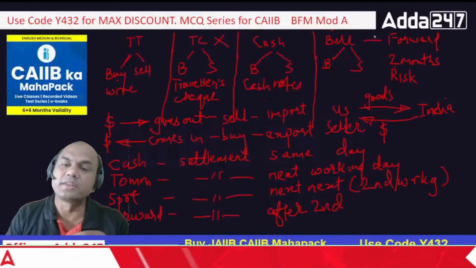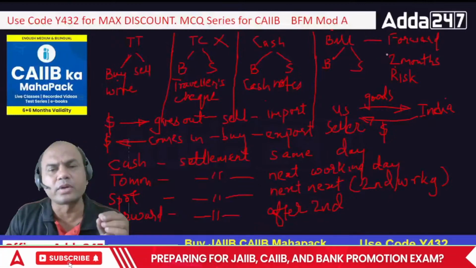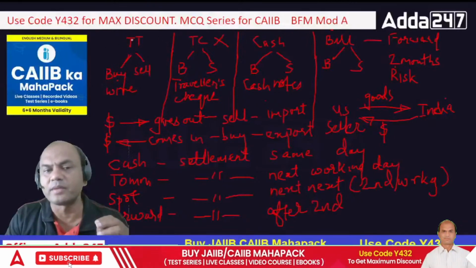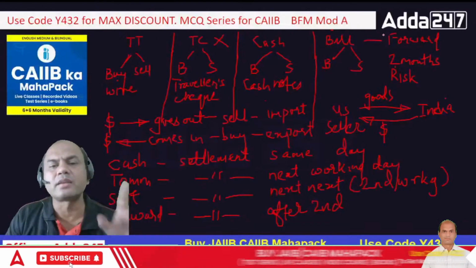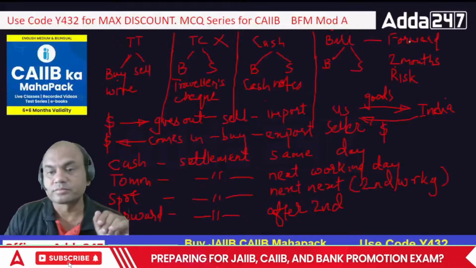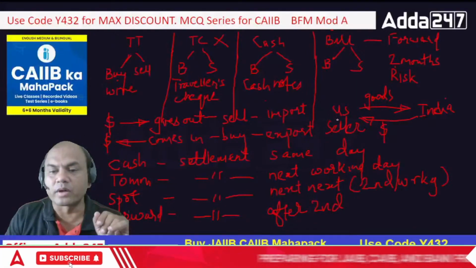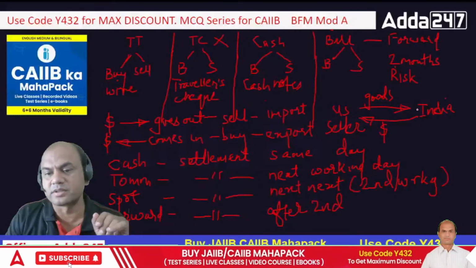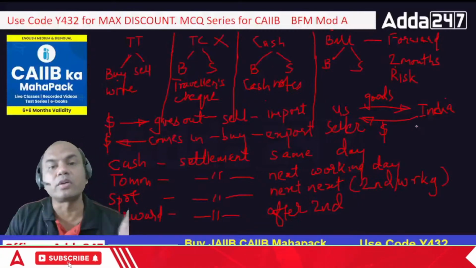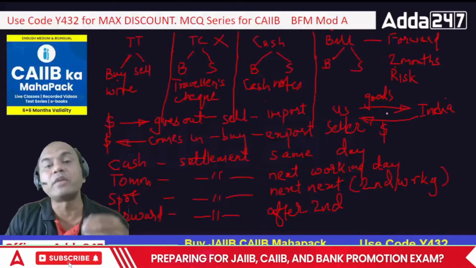So I'll mainly focus on bill rates and the cash rate, because cash and TT will be the main rates which you will get in your exams. Whenever an exporter sends goods, the dollars come in. When the dollars come in, it is buy for the bank.